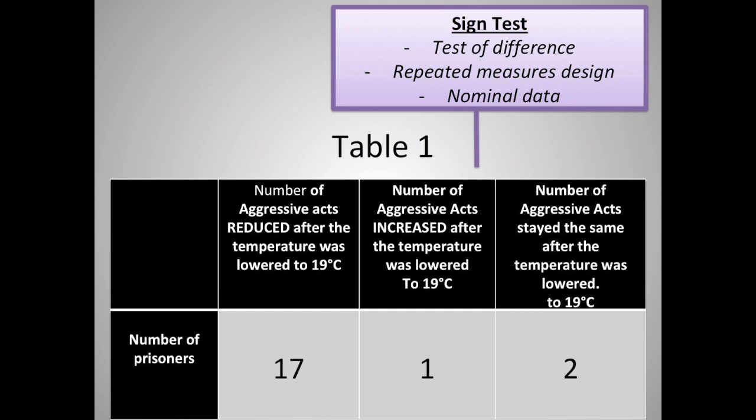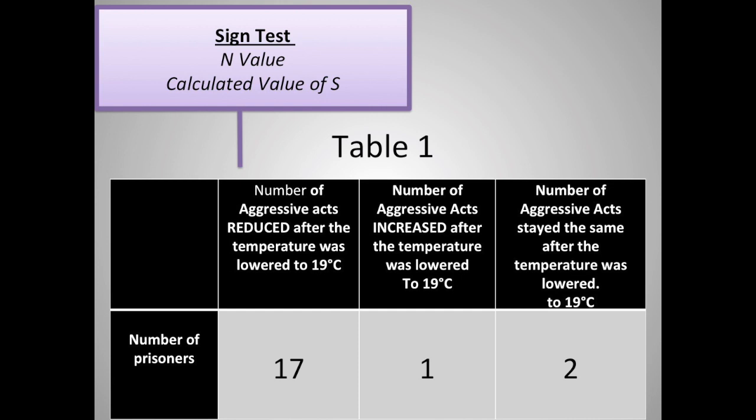Now the data doesn't look like it's nominal, but it's because if the number of aggressive acts reduced after the temperature was lowered to 19 degrees C, then you give that the sign of a plus. If the number of aggressive acts increased, you give that a minus, and if the number of aggressive acts stayed the same, you give it a zero value, basically discount them. So the nominal data, the category is either the pluses or the minuses.